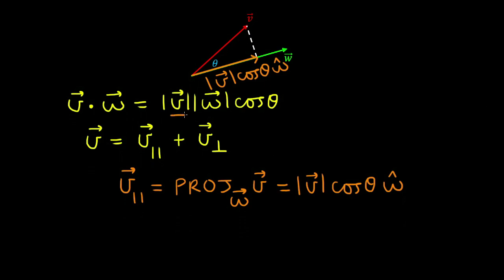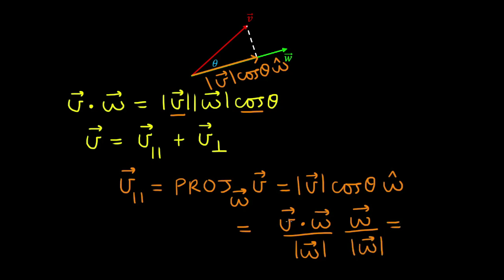So if we substitute for v cosine theta, then that's equal to v dot w on the magnitude of w. And the unit vector in the direction of w is w on the magnitude of w.